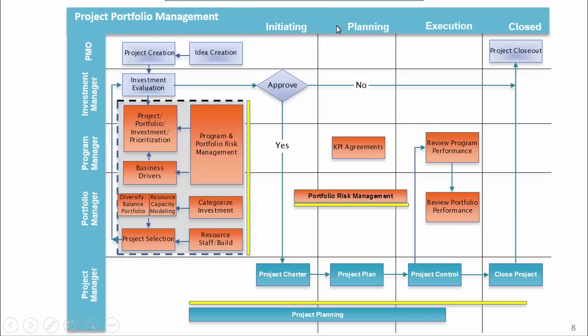On the upper right here, you have the different stages that PPM goes through: an initiation phase, a planning, an execution, and a close. Many corporations will do it maybe quarterly, maybe yearly, maybe bi-yearly, but there's some kind of cadence to which they'll do their PPM. So if I start in the upper left, let's say it's the start of a PPM cycle, that organization will have a portfolio of projects that they're actively working on, and they're at a certain health.